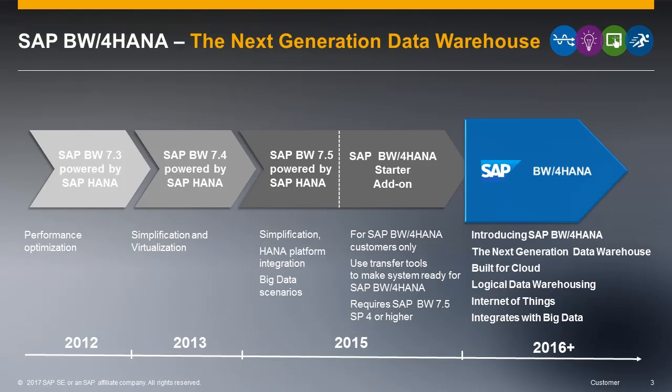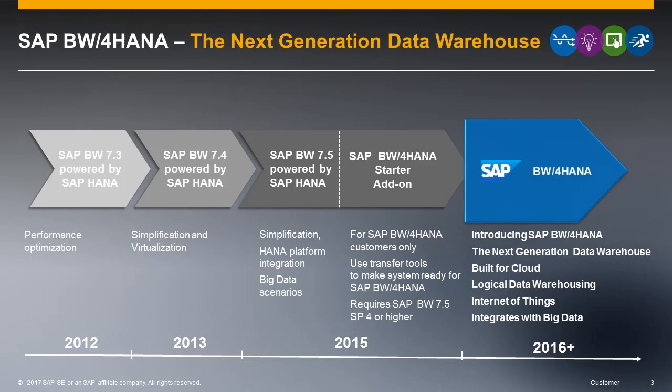A couple things to talk about in regard to BW for HANA to kind of just set the base or the foundation. BW for HANA is an entirely new code line. It is what we refer to as the innovation code line. Going forward, BW for HANA is going to be primarily the only code line that receives any more updates.